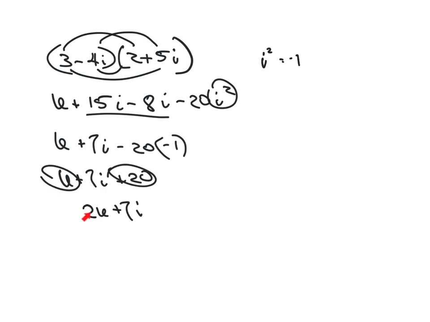And remember that the real number always comes first, and then the imaginary part of the complex number comes second. So the product of 3 minus 4i and 2 plus 5i is 26 plus 7i. Okay, so just do the FOIL method on that one, and it works out just fine.